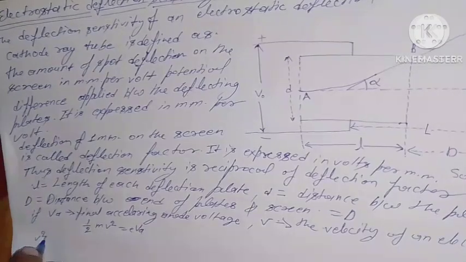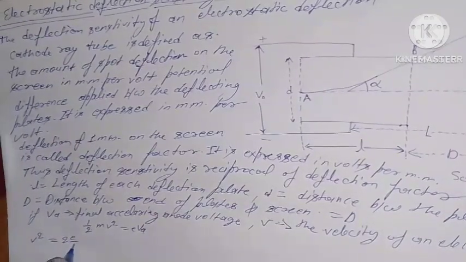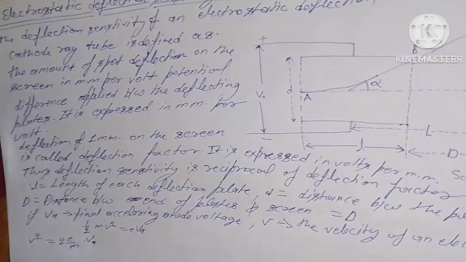Then v square equal to 2e/m into VA, okay.